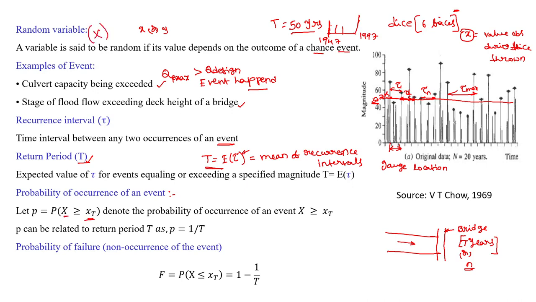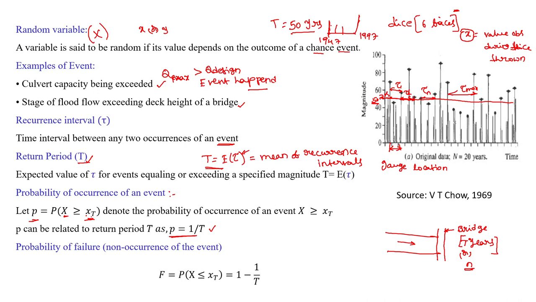Here probability we denote with small p; the function, capital P, we denote with capital P. So probability p equal to probability of capital X greater than or equal to xT. It means that stream flow is greater than or equal to the design capacity. This probability can be related with the return period, which is nothing but 1 by T. In this way we can calculate.